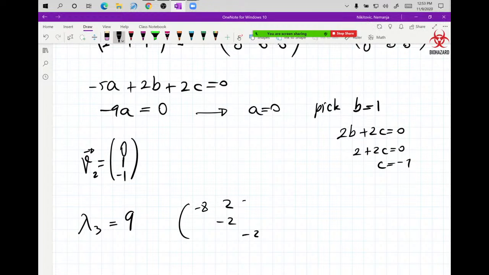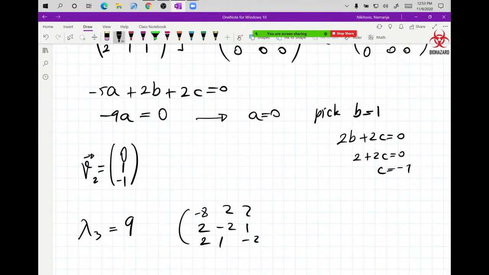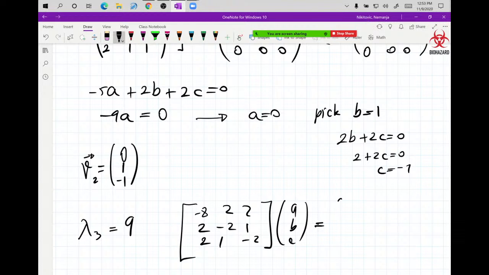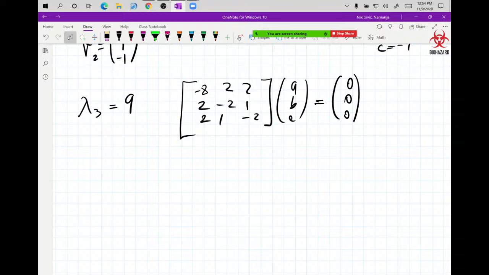So 2, 2, 2, 1, and 2, 1. So now you reduce this one the same way we did, and you will find the V3. So here, just do it.